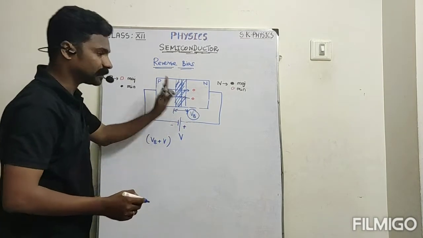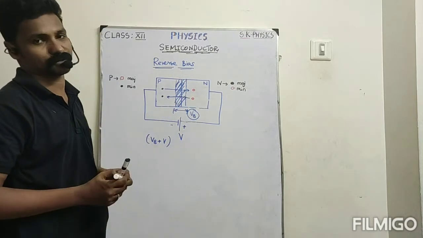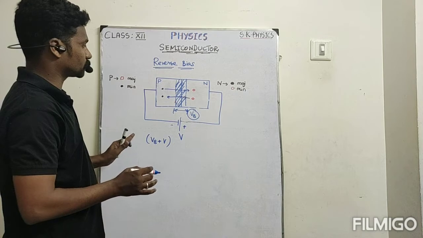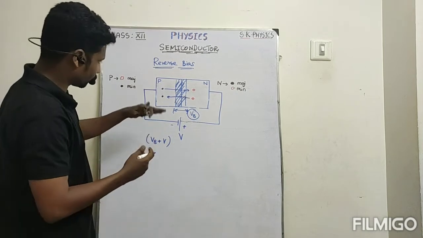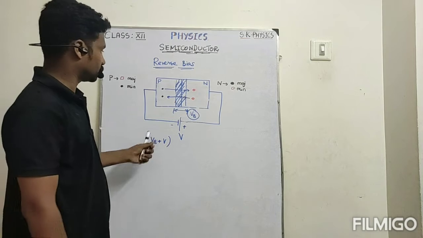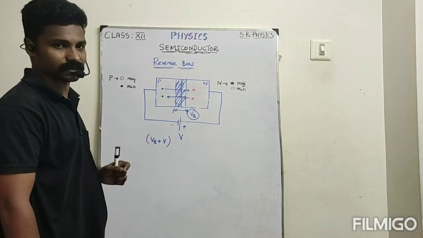So these minority charge carriers are the only ones responsible for current in the circuit. Okay, right. So now we know how the current passes through the circuit due to minority charge carriers only.